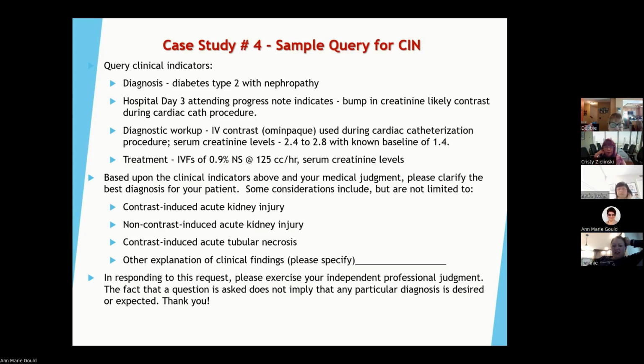And also we don't have enough clinical indicators for ATN. We just have the baseline here. We only have the creatinine, although it jumped up so much with the contrast-induced nephropathy.